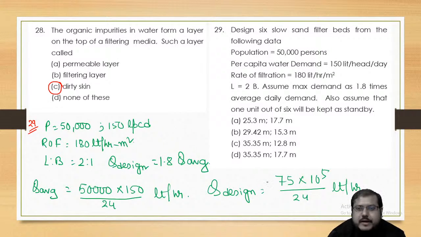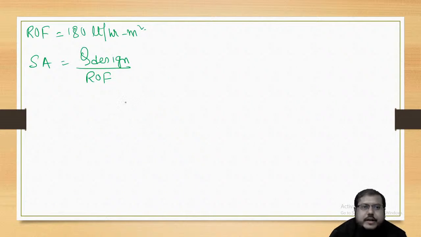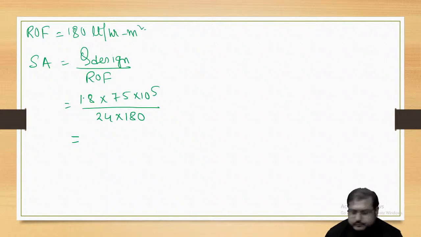Here we have forgotten to multiply 1.8. So it's 1.8 into 75 into 10 to the power 5 by 24 into 180. That will be your surface area.